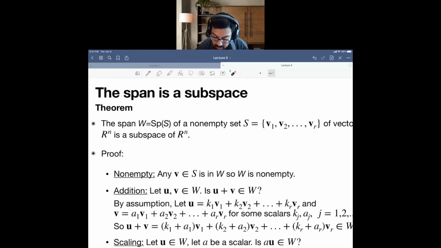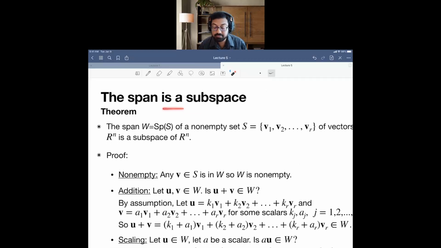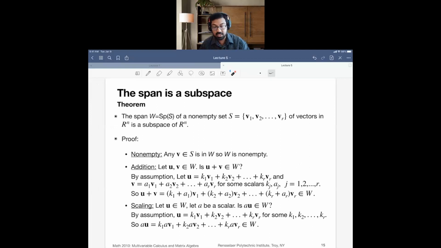So let's see. The span is a subspace. We are going to check that a span, which means a linear combination of vectors, is a subspace. Let's talk about that, and we'll prove it as well. We are calling the span of S as SP of S, span of S. So W is my subspace.